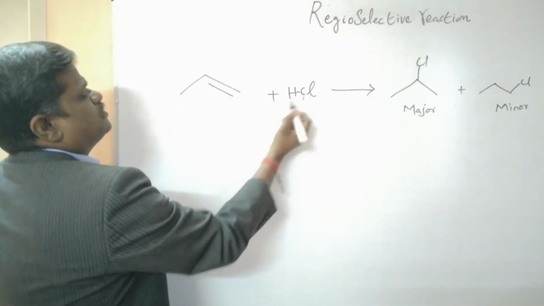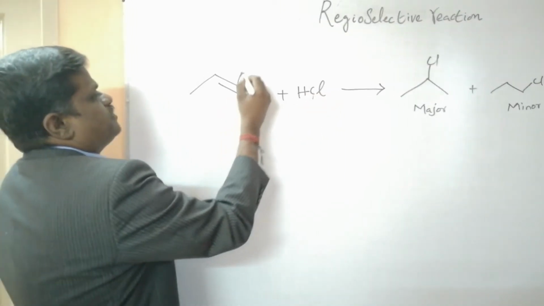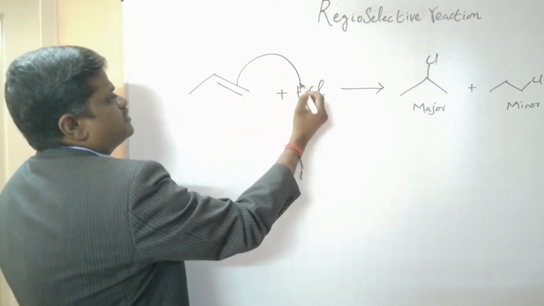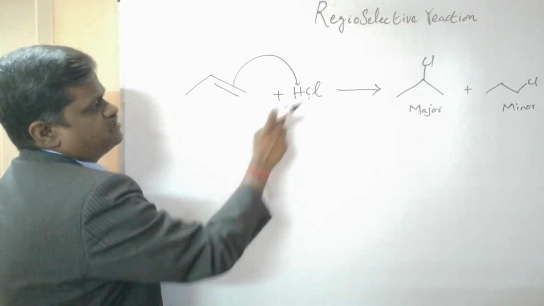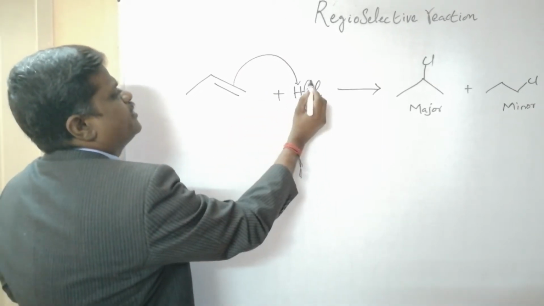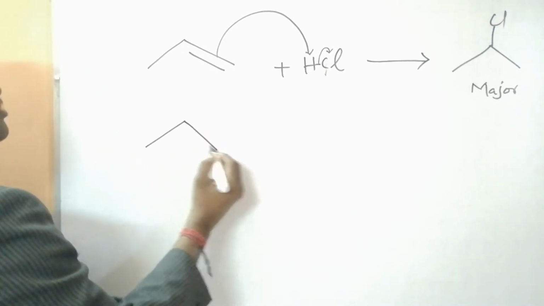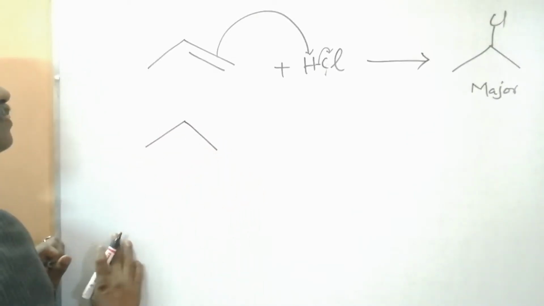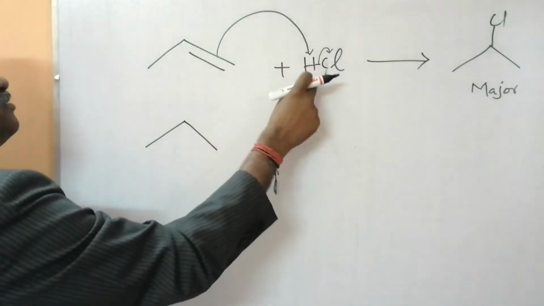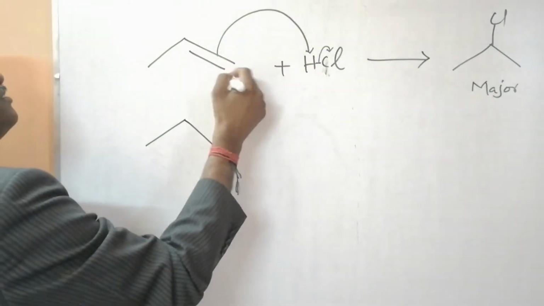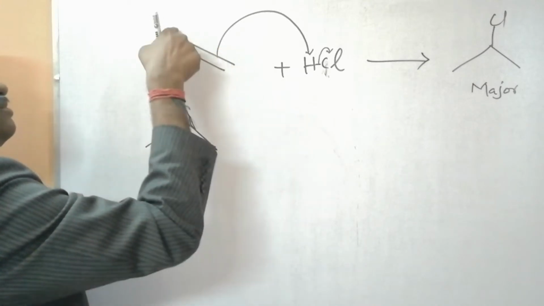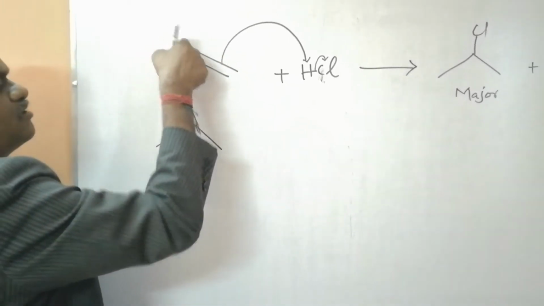When the alkene attacks this acid, this proton, and the chloride ion leaves, you may have two possibilities. This proton may be added at the terminal carbon or the middle carbon.